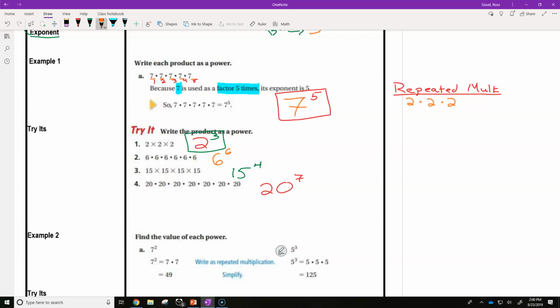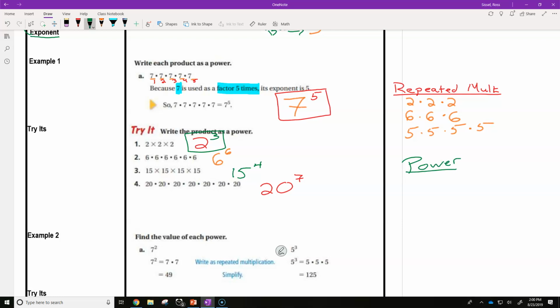I need another one. 6 times 6 times 6. 5 times 5 times 5. Now, I'm going to stop there. And that was repeated multiplication. And then we wanted to write them down as a power.